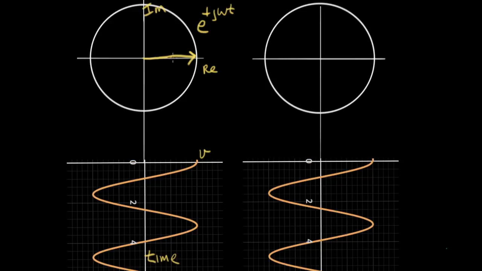So when we start out at time equals 0, we projected down here, and we got that value right there. And then as time goes on, if we tip our arrow up like that to that point, then we project down to the cosine curve right here. If we let our arrow go all the way to the other side, it projects down to this point on the cosine curve.